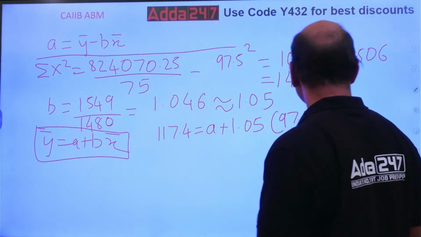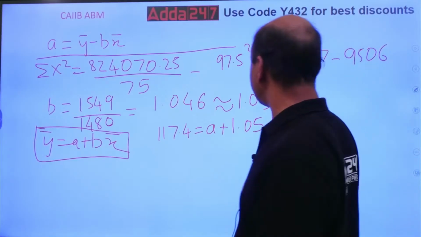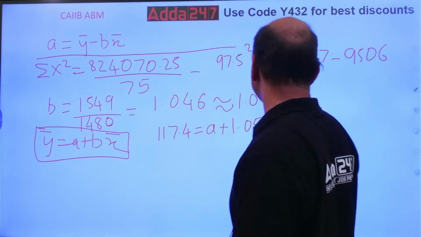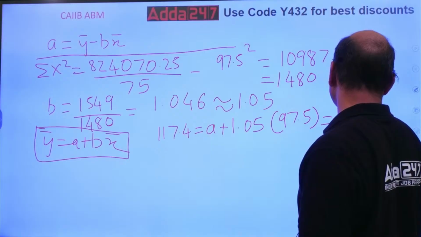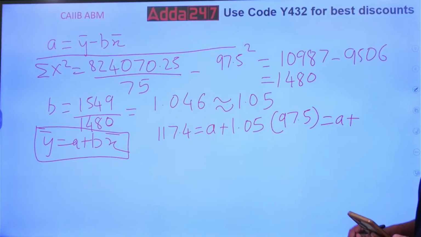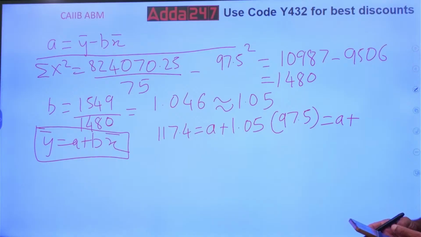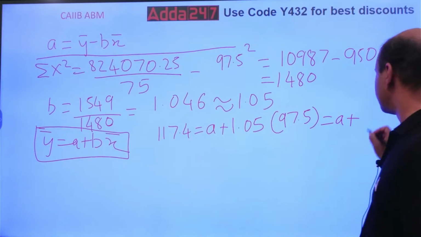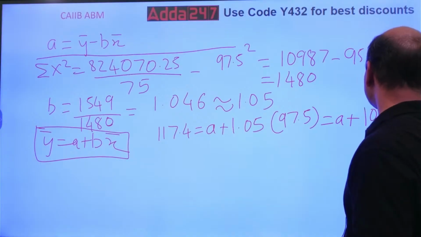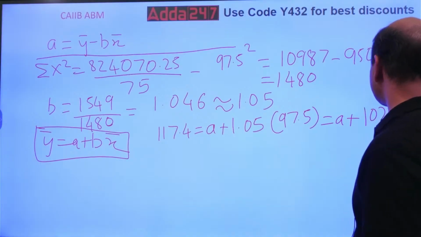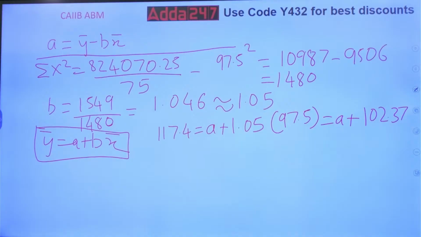Okay, so A equals, take this on the other side. First multiply this. So A plus, what is the answer for this? 1.05 into 97.5. Okay. So 102.37. So A plus 102.37. Okay. So A equals what then?